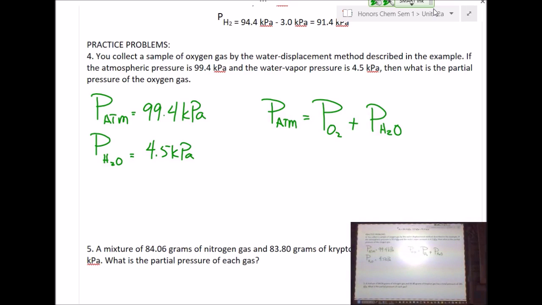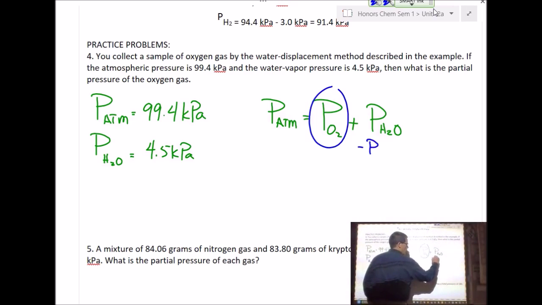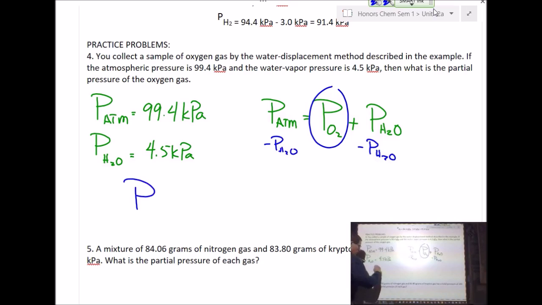Looking at that setup, does this problem look difficult? What we need to do is isolate for the oxygen. That means subtract water on both sides. So now my equation looks like this: my oxygen is equal to the atmospheric pressure minus the water.